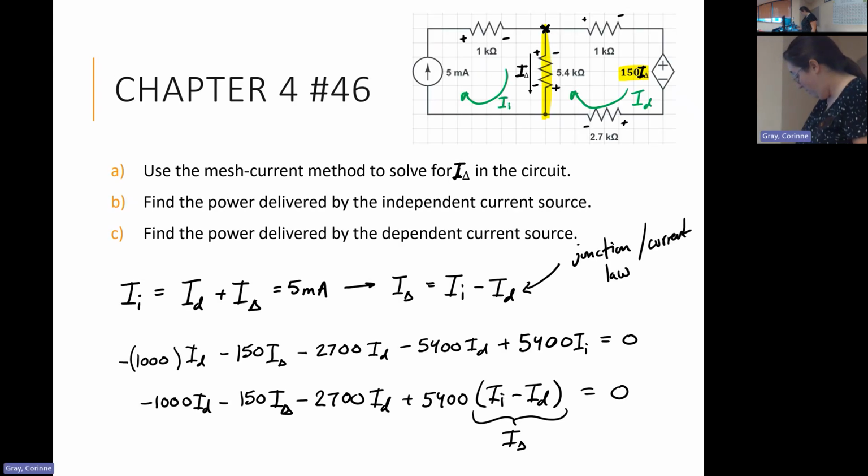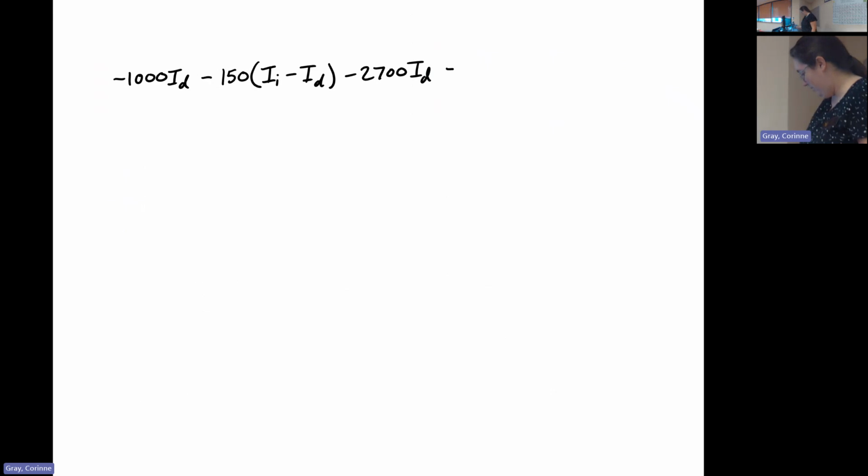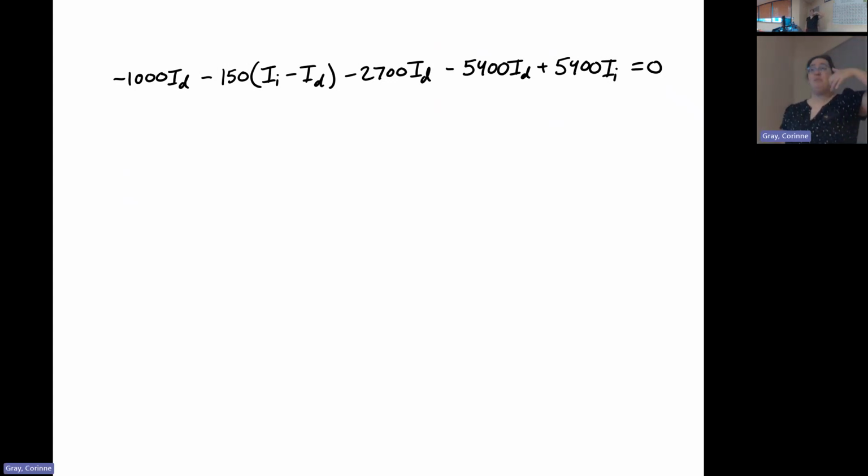We're gonna have minus 2,700 ID minus 5,400 ID plus 5,400 II equals 0. So now, even though we have two variables in here, only one of them is unknown, which happens to be ID.